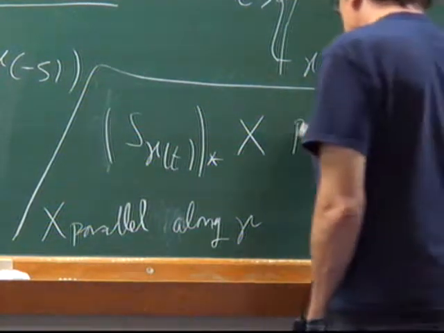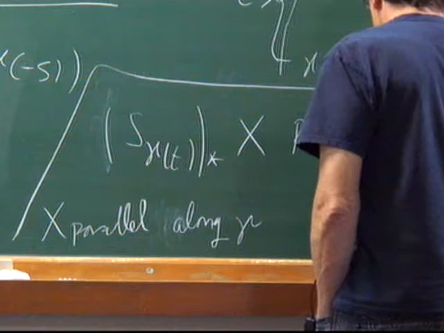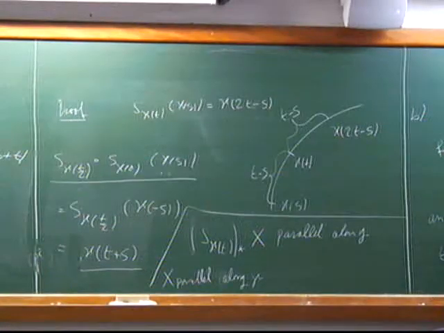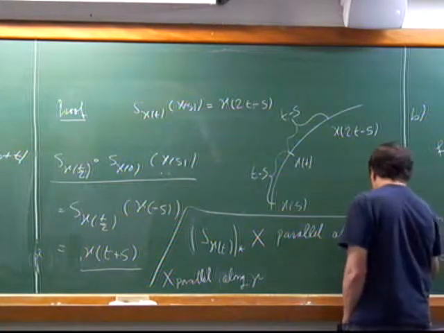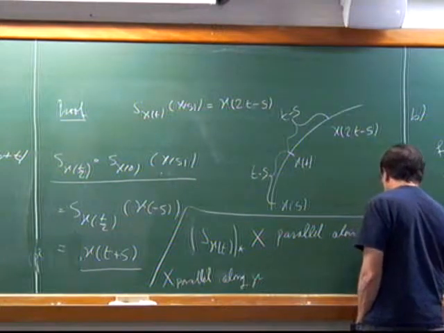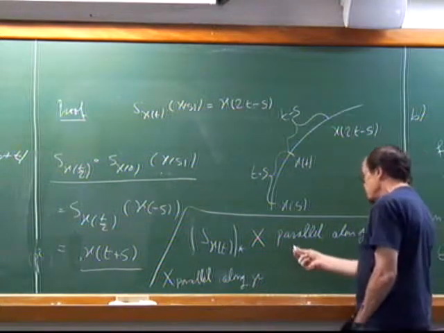That's again parallel along the image geodesic, but the image geodesic is just gamma itself, reversed, along gamma of minus t if you want. And what are the initial conditions?